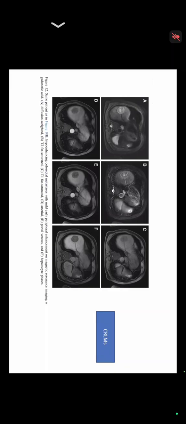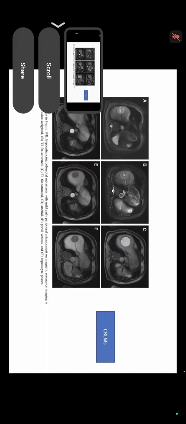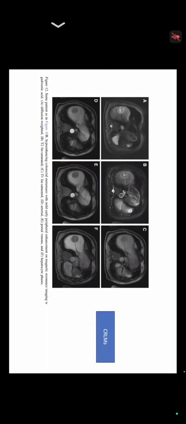More often, based on the primary that is involved, a good MRI scan and a good whole body CT scan are good investigations to assess the tumor load and the burden and the surgery that you could plan. Occasionally, you would need a PET CT, though it's not required in every case.